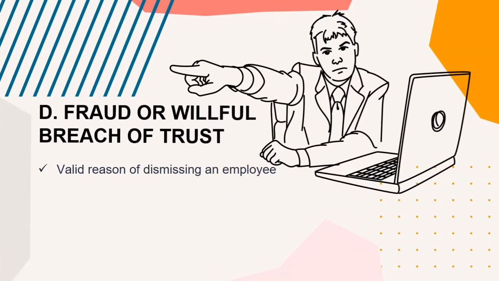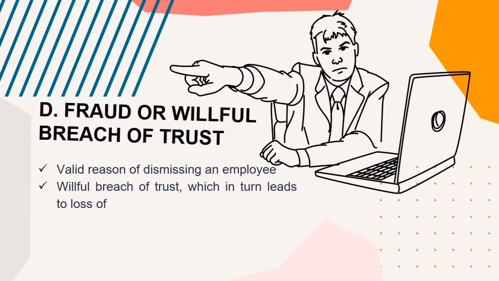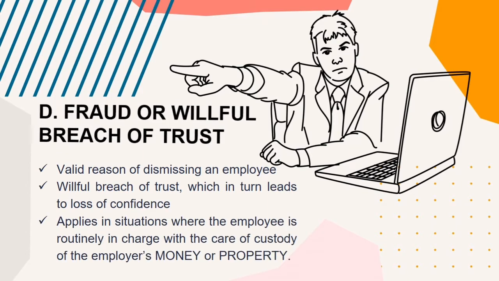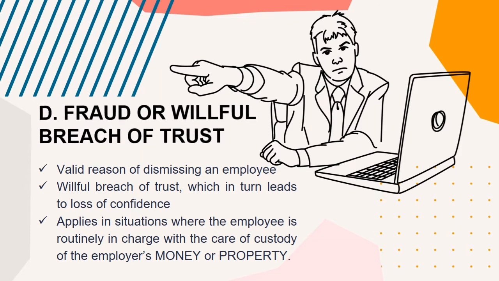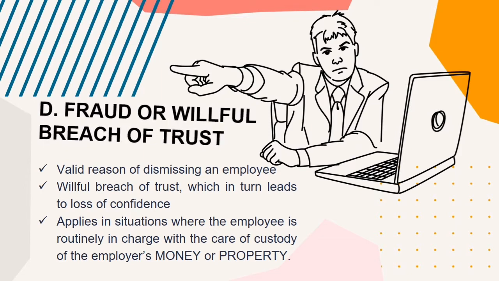Then we have fraud or willful breach of trust. So in this case, class, there must be an act, omission, or concealment on the part of the employee which involves a breach of legal duty, of trust, or confidence justly reposed.